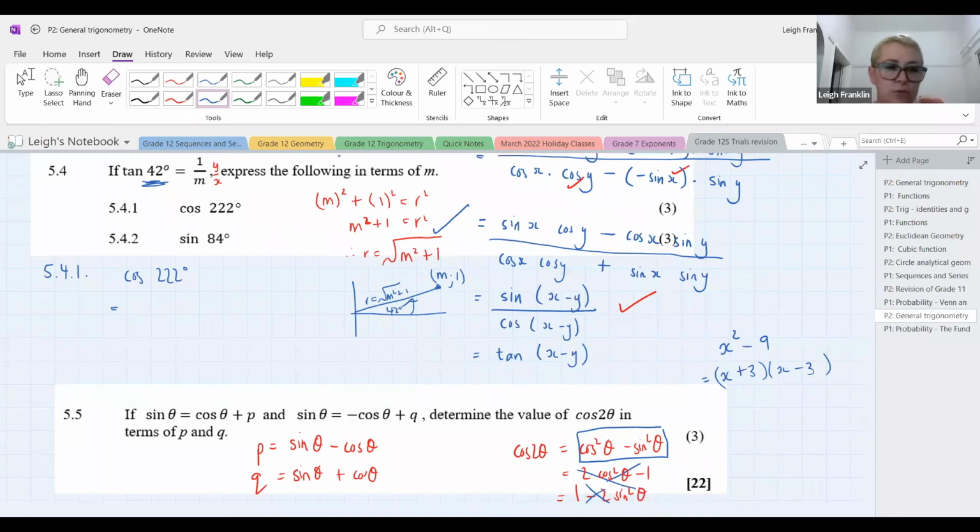So we know that 222 can be created by adding 180 and 42 together. So we've got to use our reduction formulae, right? That is quadrant 3. It reduces to negative cos 42. And therefore, our answer is going to be negative x over r. So this is going to be negative m over root m squared plus 1. Okay, did you guys get that as an answer for 5.4.1? Yes. Okay, how about the rest of you?